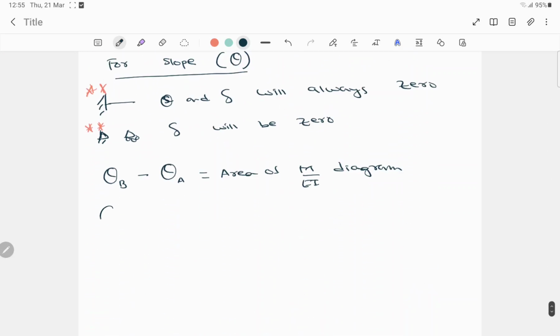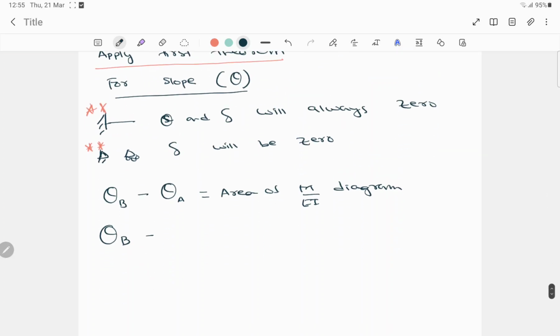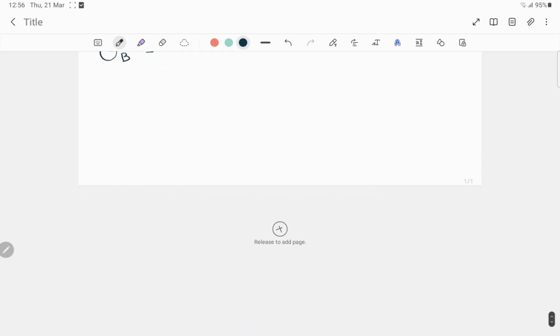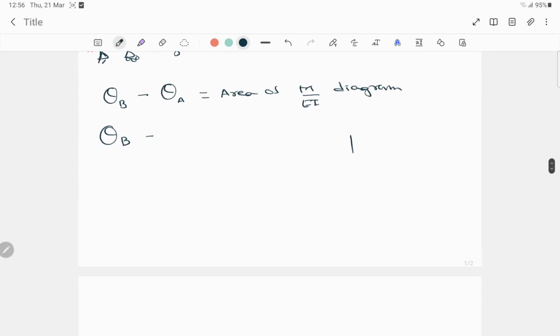Now for theta B minus theta A, I have to redraw the diagram here. Our diagram was like this, right? Like this, and here W L by EI. It was A and it was B.